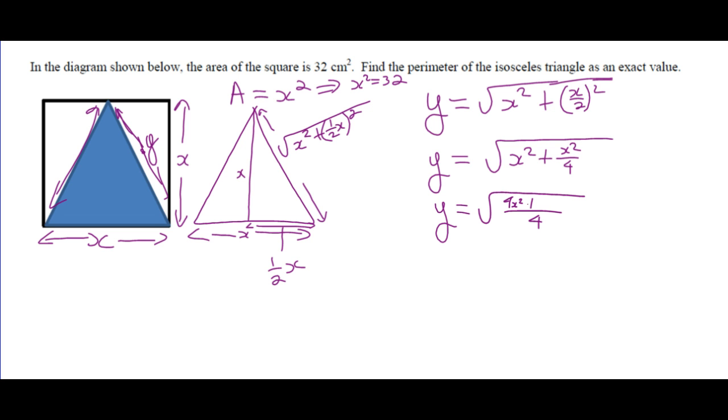Like 4x squared plus x squared over, for the common denominator of 4, an x squared is going to be 4x squared over 4, right? Okay, but that can be split up, right? Root 5x squared over 2. Square root of 4 is 2. Well, let's write it as root 4.